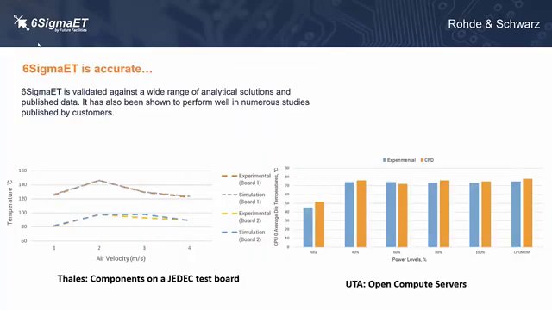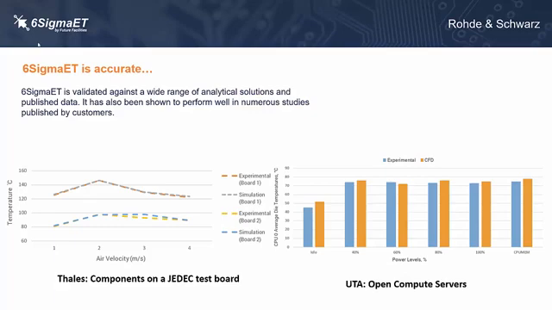Six Sigma ET is also very accurate. As part of the development process, it is regularly validated against a wide range of analytical solutions, as well as published experimental data, and it has also been shown to perform well in a variety of studies that have been published by our customers.